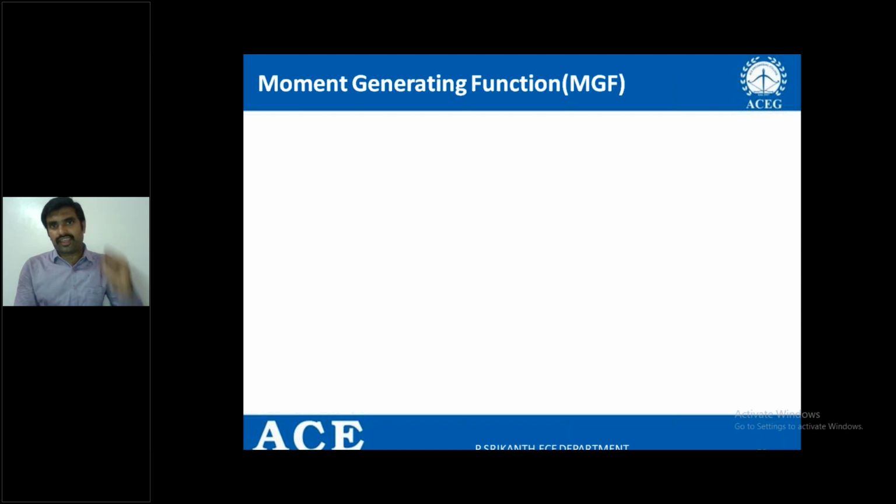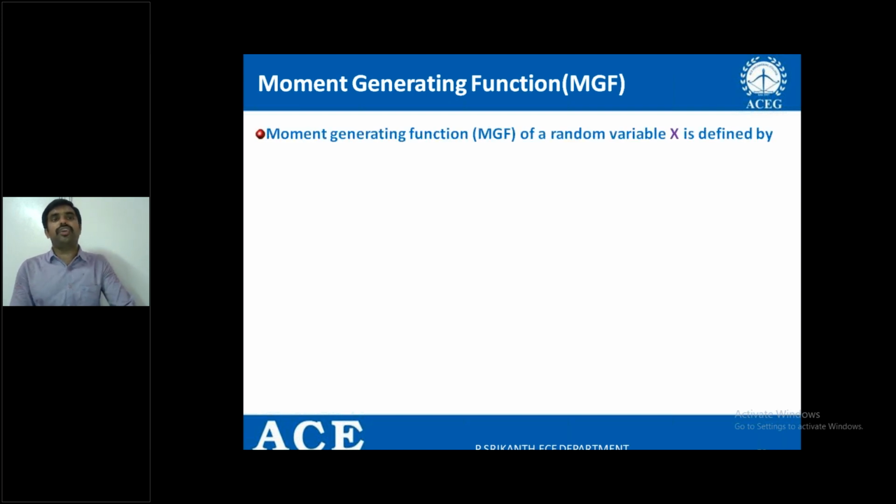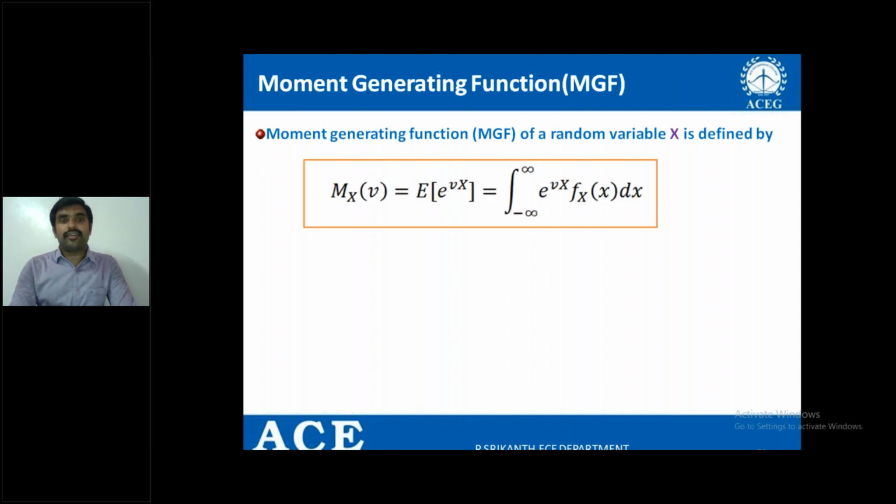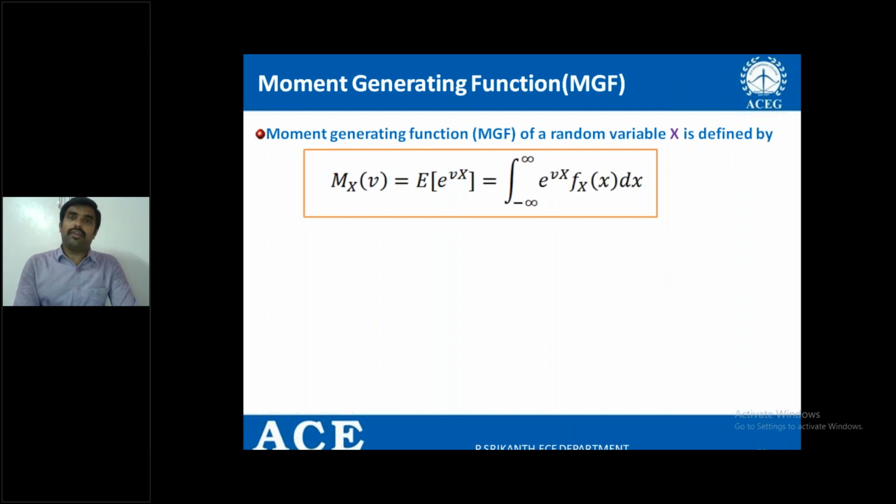The first one is the characteristic function, and the second one is the moment generating function, right? So what is the moment generating function? In short form, we can also call it MGF. The MGF, moment generating function of a random variable x, is defined as follows.